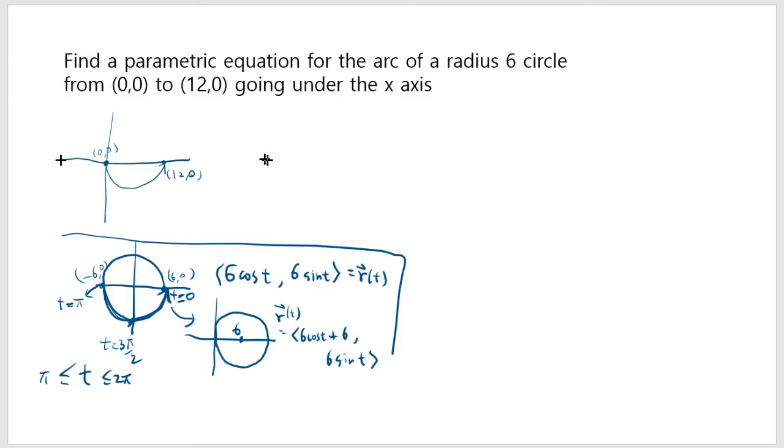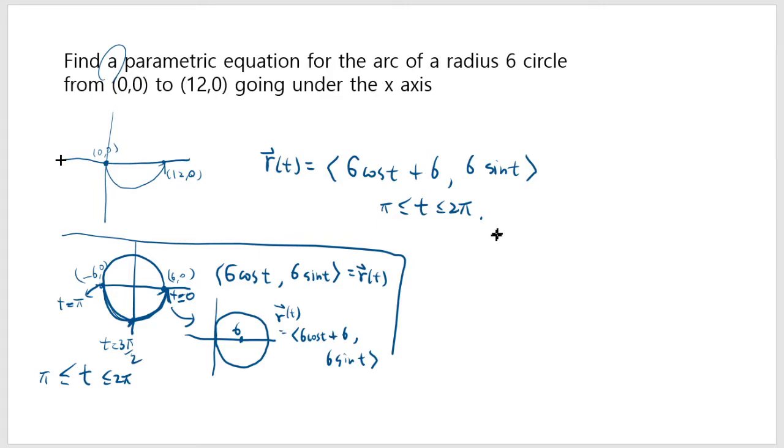So the answer to this would be that r(t) should be (6 cosine t + 6, 6 sine t), with t between pi and 2 pi. Now note that this is not the only answer. It's a parametric equation. It's not the only answer.